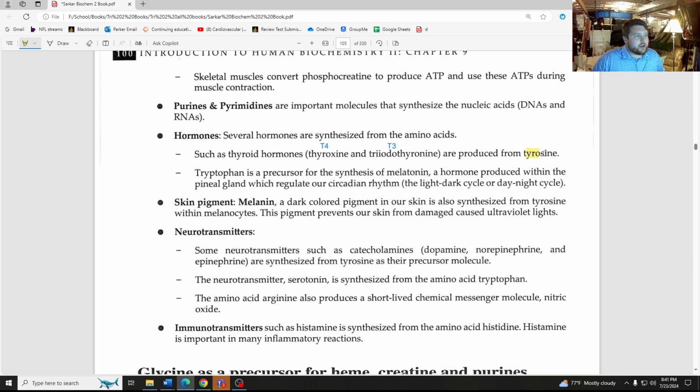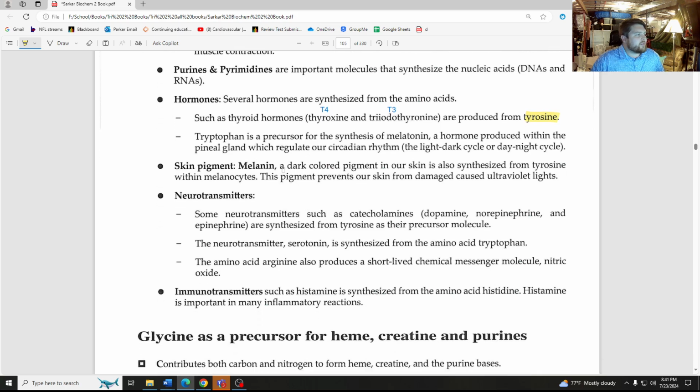They're from tyrosine. Tryptophan is a precursor for the synthesis of melatonin. This is a hormone produced within the pineal gland, which regulates our circadian rhythm, the light-dark cycle, or the day-night cycle.